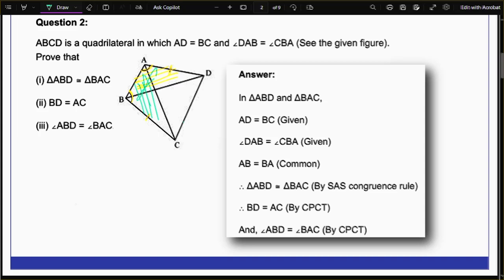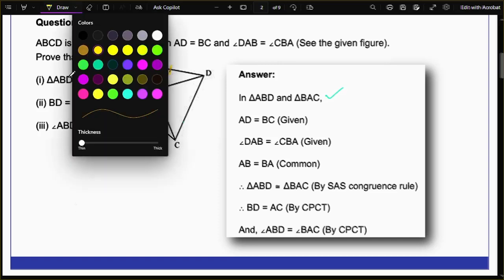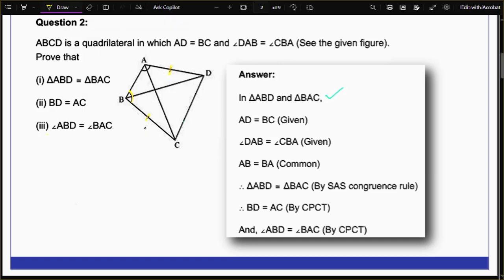First, if you consider these two triangles, you can see that AD equals BC, which is given. AB is the common side of both triangles ABC and BAD, and these two angles are also the same.